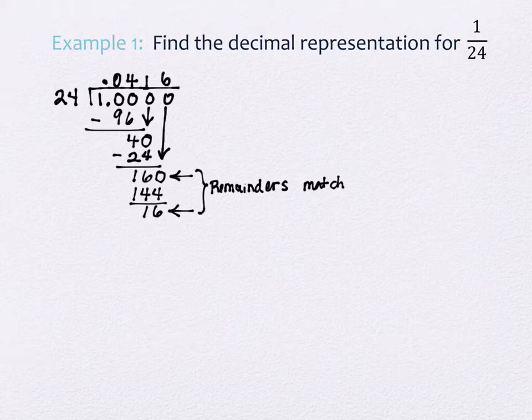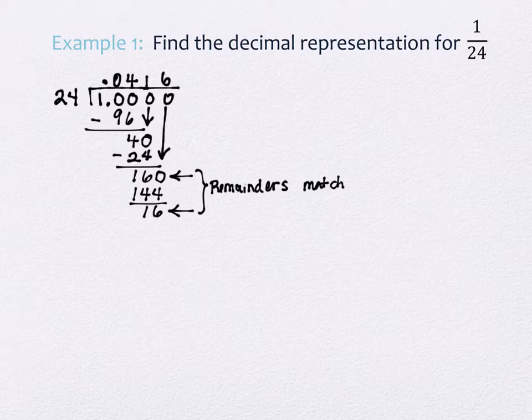If I try to do this again, I'm going to bring down another 0. I'm going to get another 6 besides the 6 that's already at the top, right? And it's going to keep happening. So if you don't happen to notice the point where the remainders match, you will notice that you're starting to repeat the digit at the top every time.